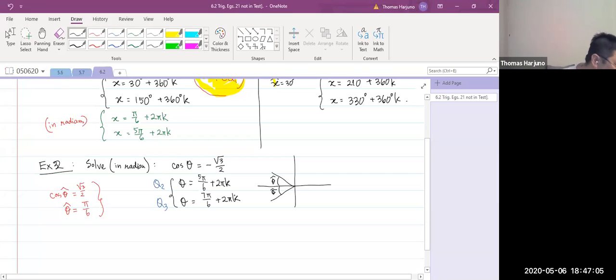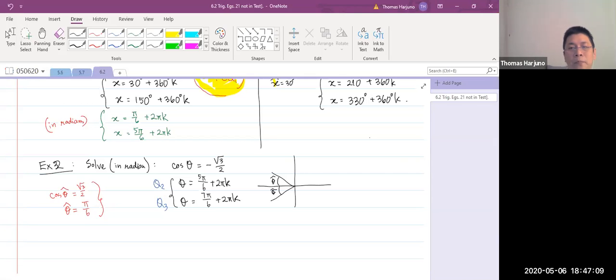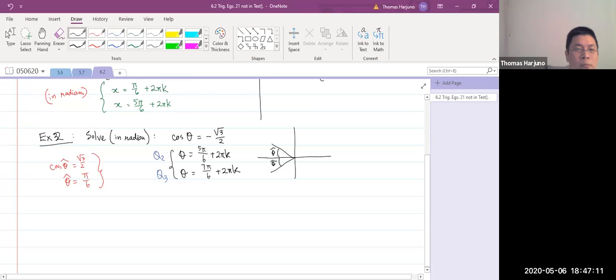And sine, cosine, let's do tangent, for example. Example 3, solve in radians: tangent x equals negative radical 3.